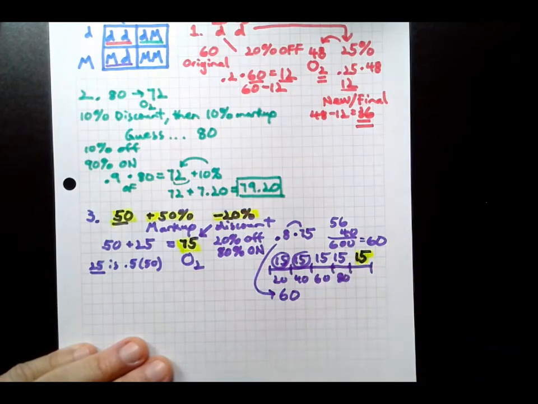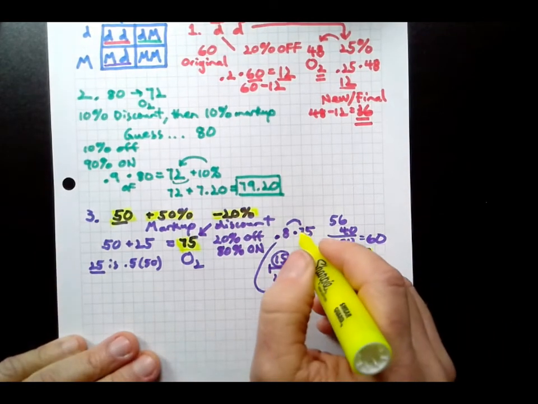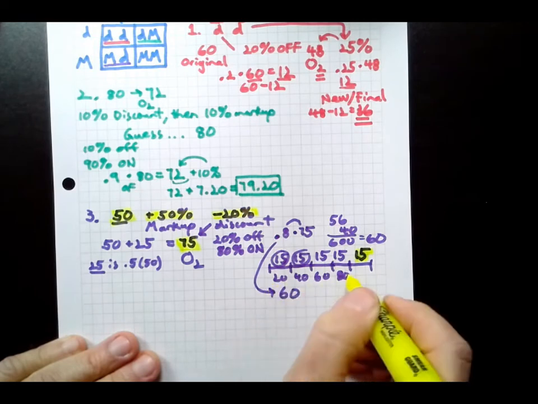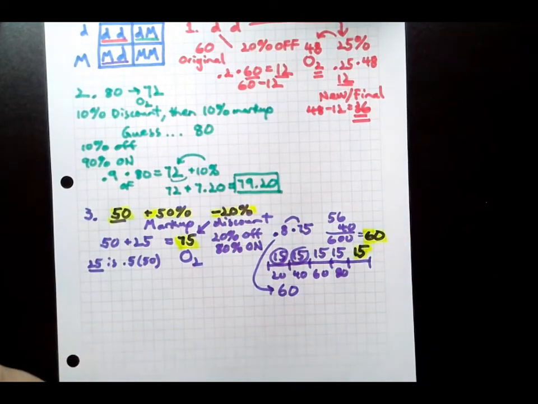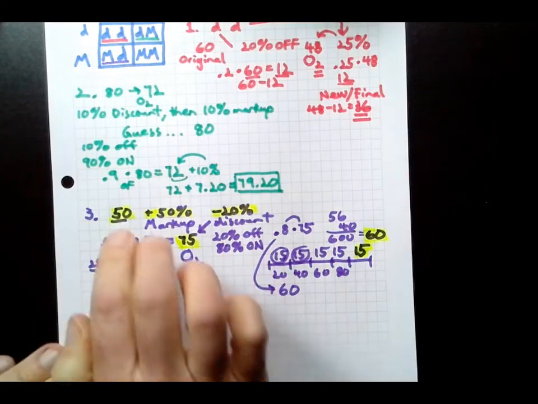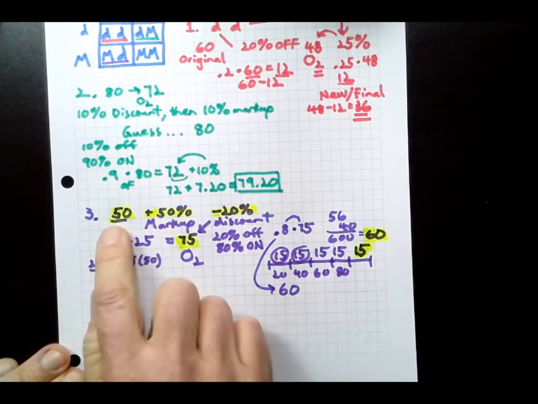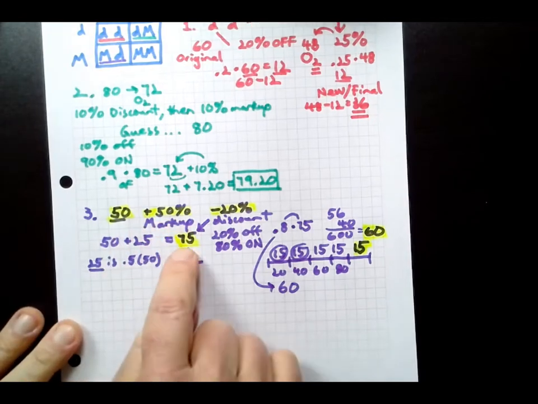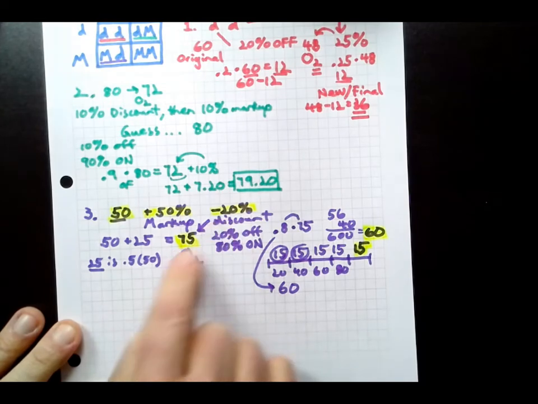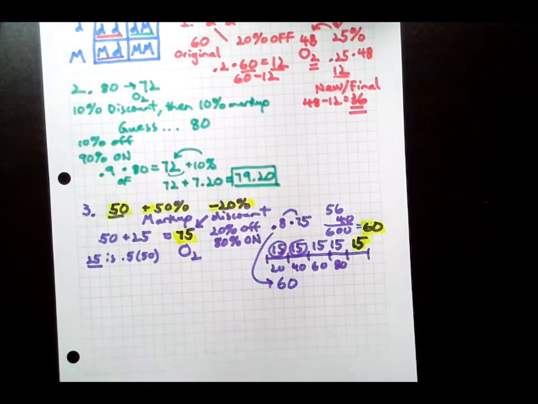We're shaving money off the price, in this case of 75. We're still paying 80%, so that worked out to be $60. And that is a markup, then a discount. So the price is going to increase first. We'll get our second original, and then we'll take a discount from that second original.